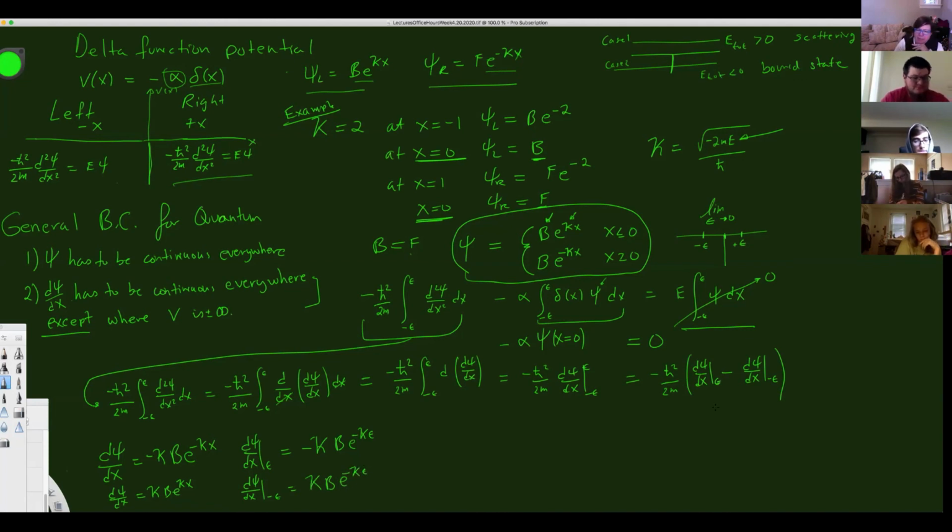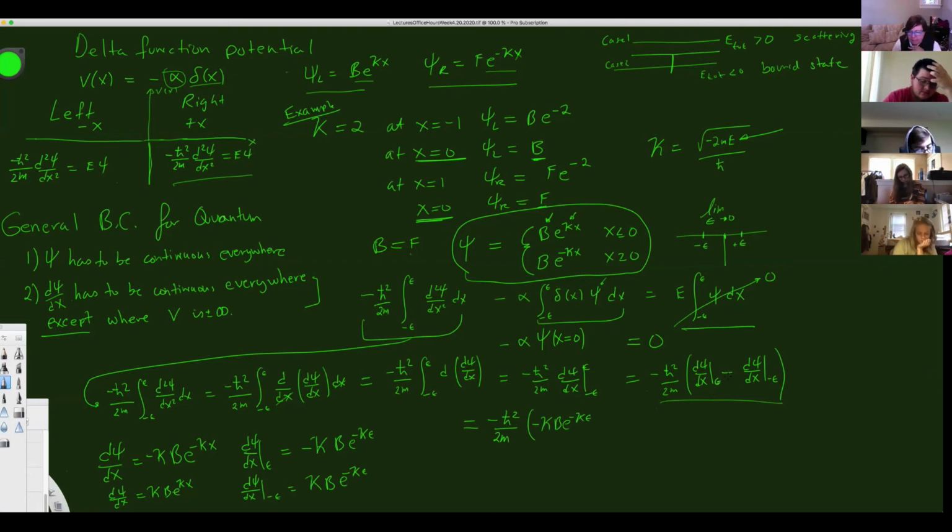Now we can put that in over here. So this is equal to minus h bar squared over 2m, and then d psi dx at epsilon is minus kappa b e to the minus kappa epsilon.